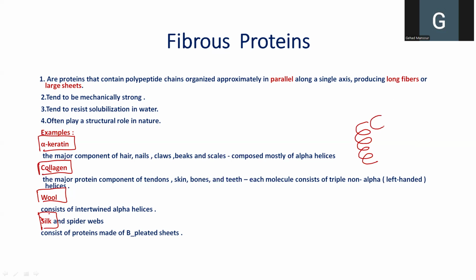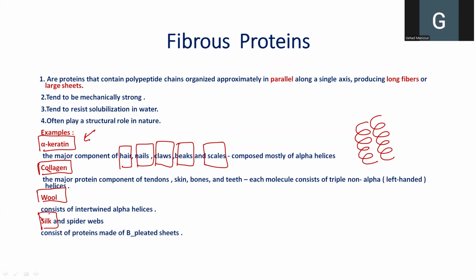You would have several alpha helices arranged parallel to each other, and this is the alpha keratin that we find in hairs, nails, claws of animals, beaks, and scales. This is a famous example we have studied in our study of the skin and the integumentary system.